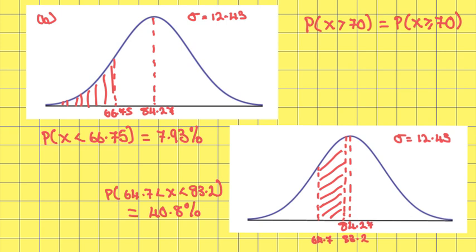Because this is continuous data and using normal distribution, we cannot distinguish individual amounts. It is continuous data. The probability that x is greater than 70 is equal to the probability that x is greater than or equal to 70.